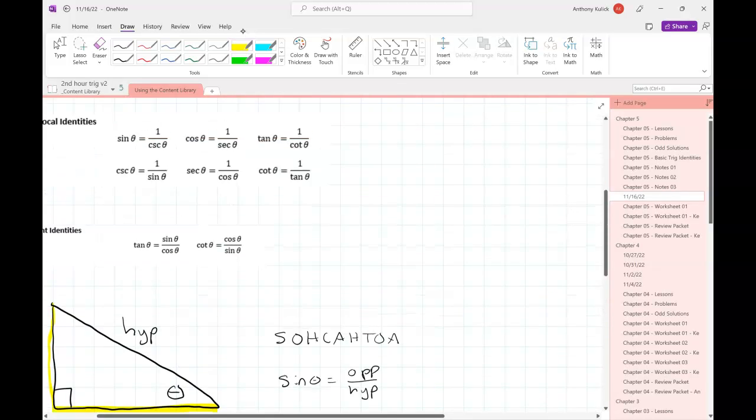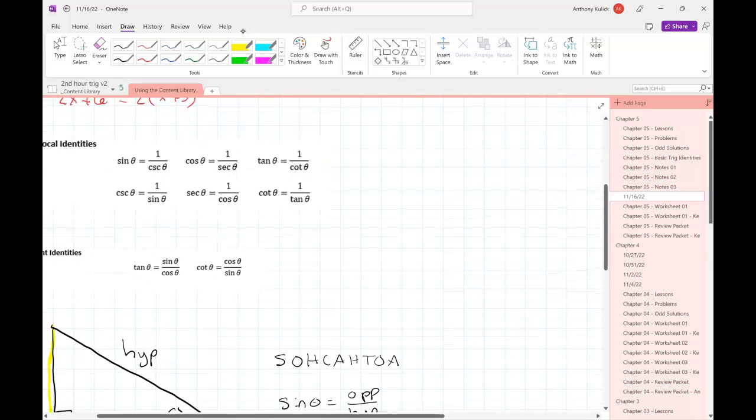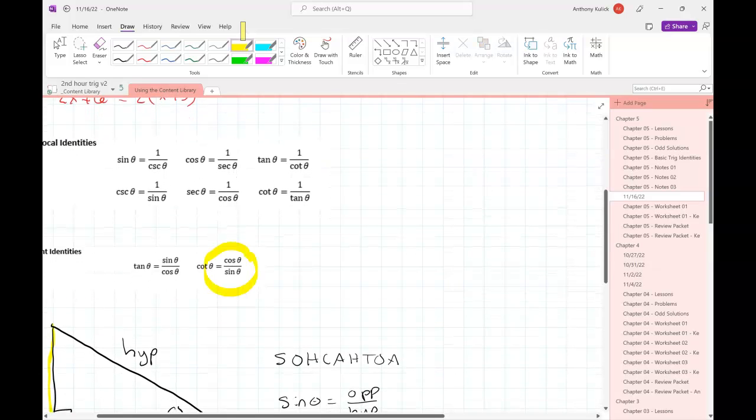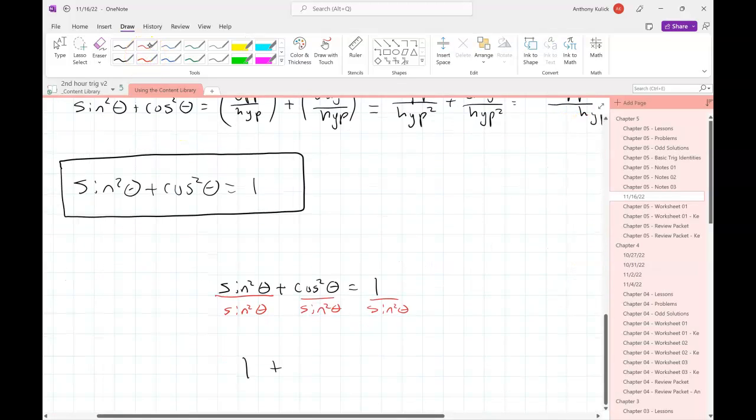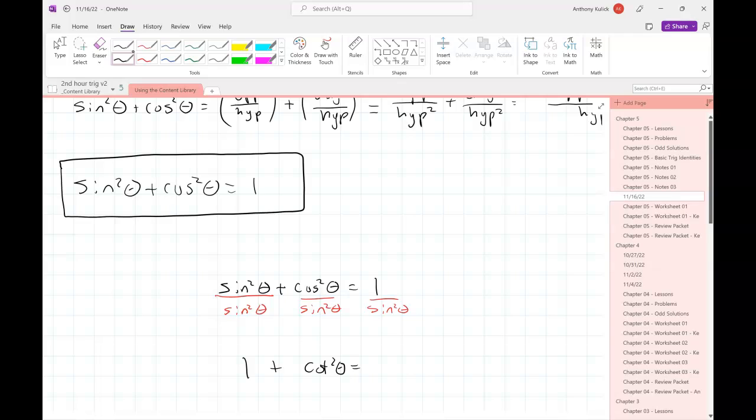Well, let's go back to here. I know cosine over sine is cotangent, so cosine squared over sine squared should be cotangent squared. Great. And what's 1 over sine squared have to be then?